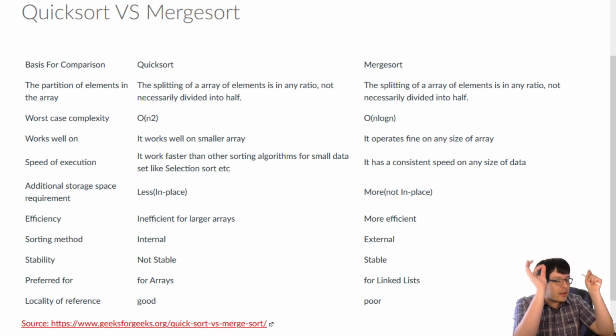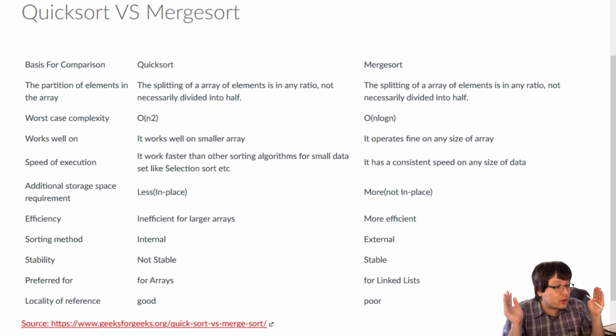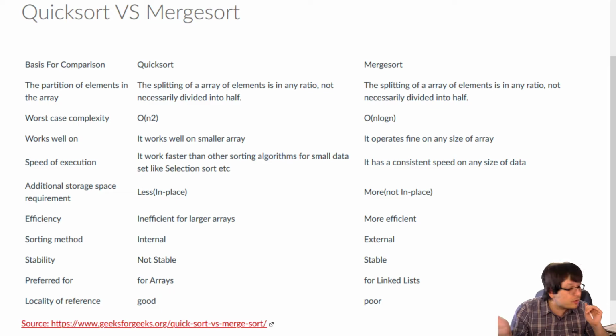So the fact that you're working with the next element one after the other, that is a good spatial locality. And furthermore, you're only working with that specific subset of the array, which I guess also applies for Mergesort in a way. So it's good in that sense.